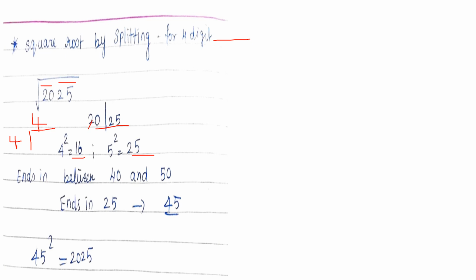So the root should be between 40 and 50. So the answer starts with 4 and ends with 5. So our answer is 45. You multiply 45 squared, the answer is 2025. That means the square root of 2025 is 45.